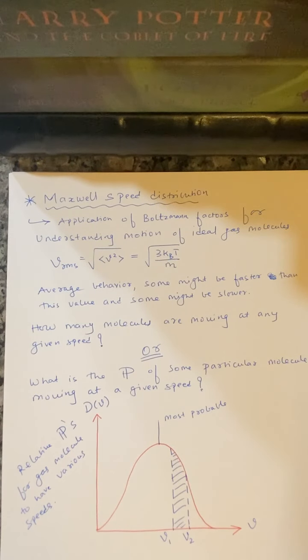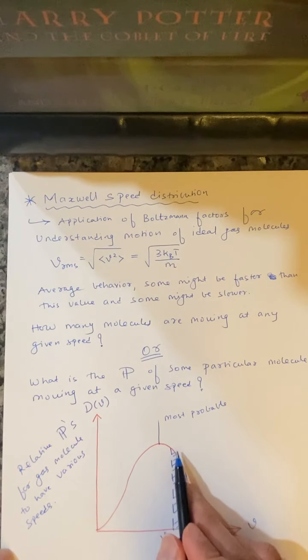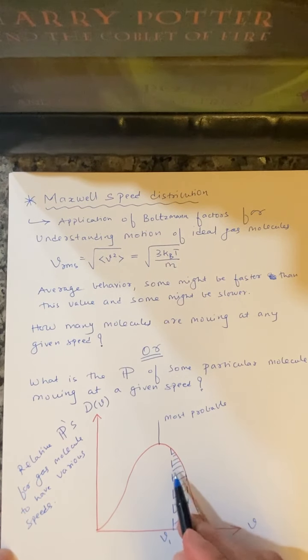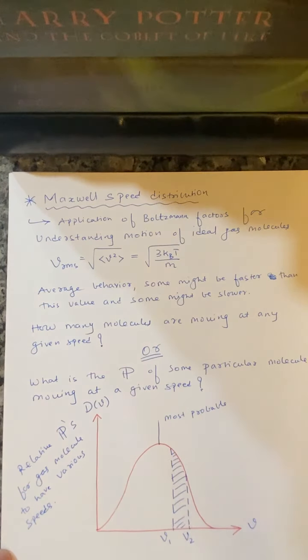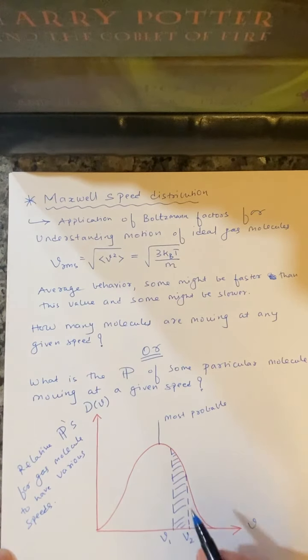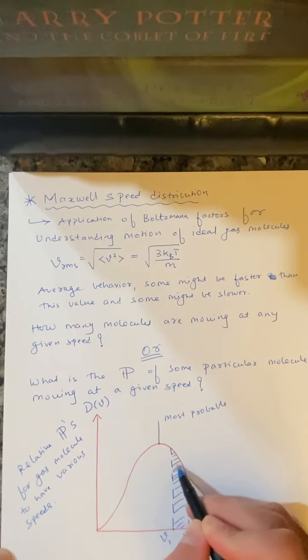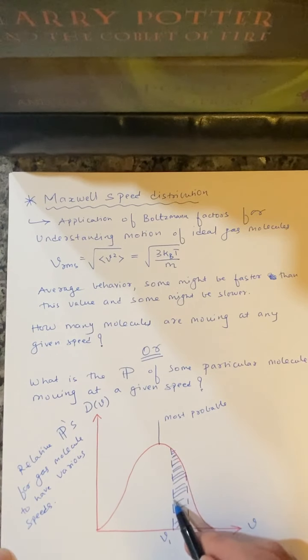If you find the area under this graph between any two points, the area under the graph between speeds v1 and v2 equals the probability that the molecule speed is between v1 and v2. I hope you all agree with that. Literally, I'm talking about this small interval, and this could be a very tiny interval.